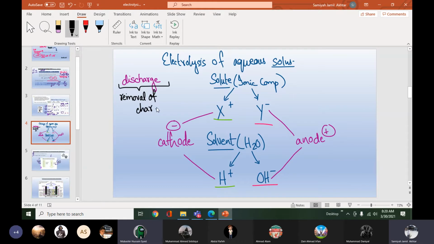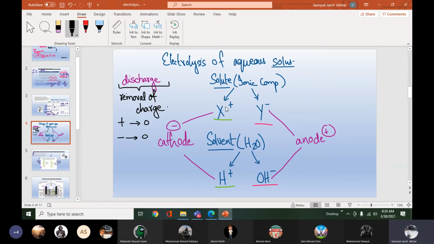Yeah, discharge, removal of charge. These are ions, so if they are positive, from positive they will turn into neutral, zero. From negative they will turn into zero by losing the electron. So this is known as discharge.